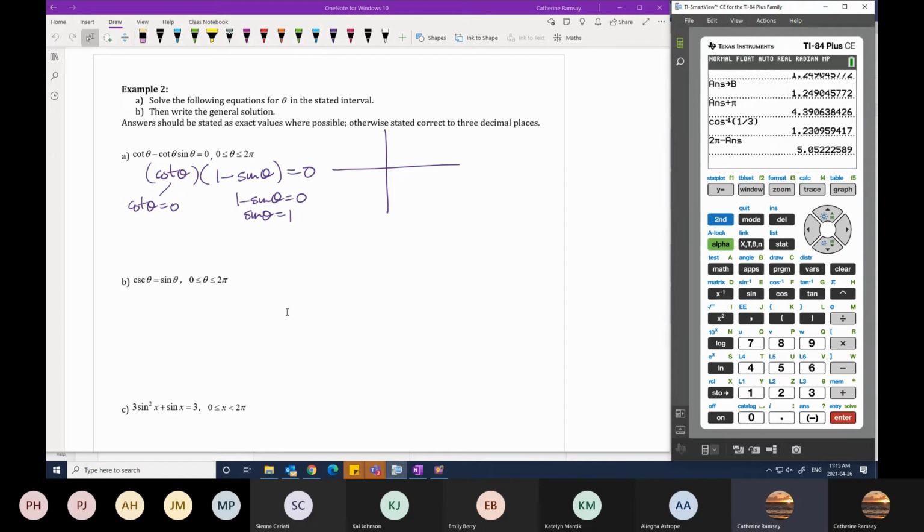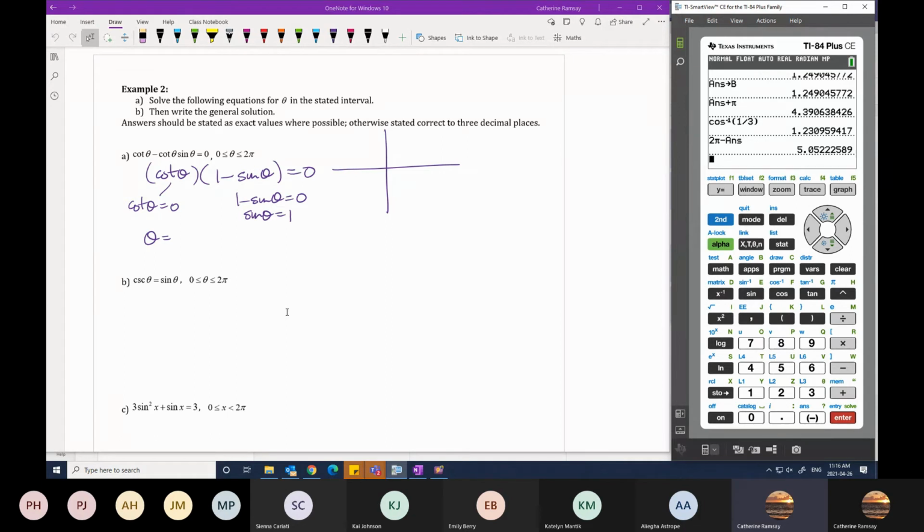So then you could say, well, where is tan undefined? The other way you could look at this is cotangent is 0 where cos divided by sine is 0. So where would that happen?